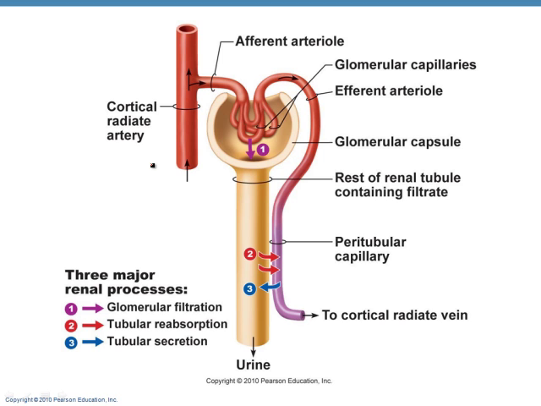Yes, we call them peritubular capillaries, around the tubes, capillaries. We're going to have a process where we take back into the circulatory system the necessary components. That's called tubular reabsorption.